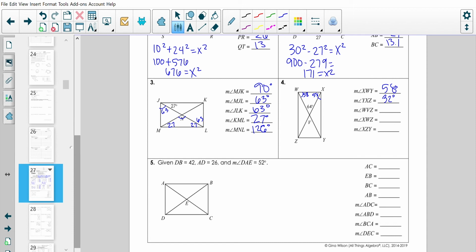WVZ. So we need this angle. If this is 32 and this is 32, I need to find the big angle in that triangle.